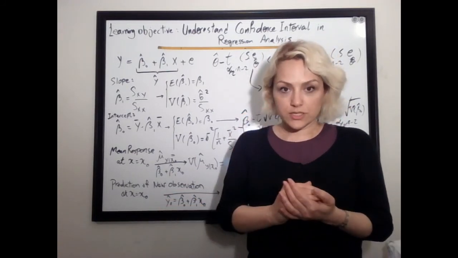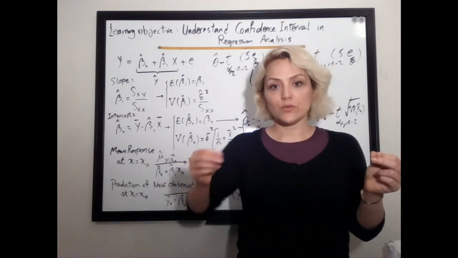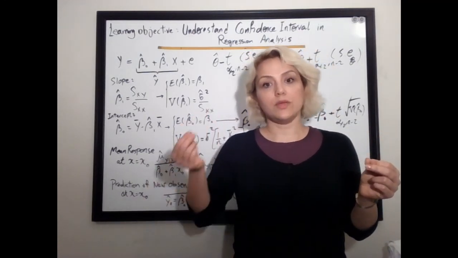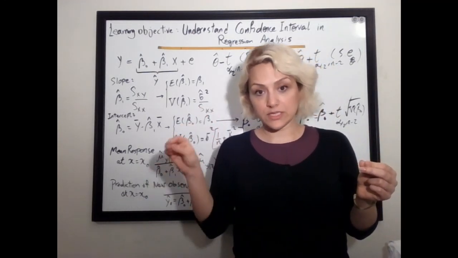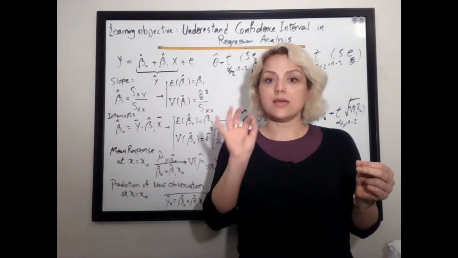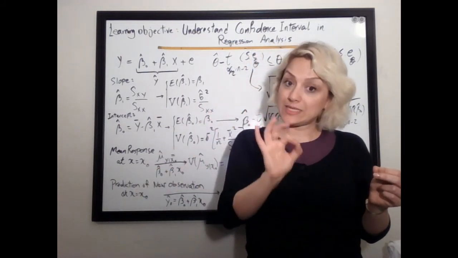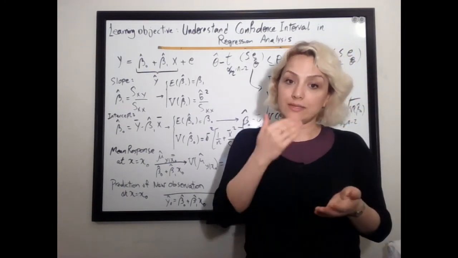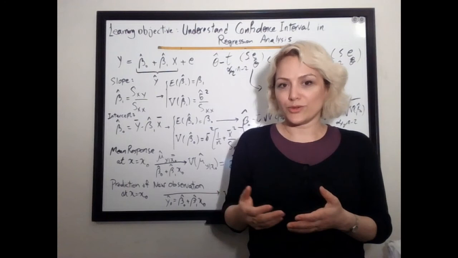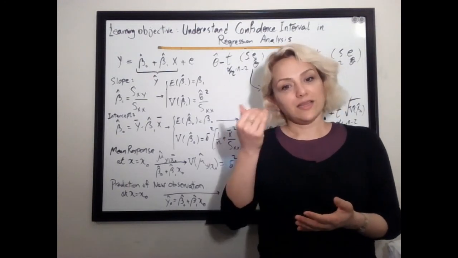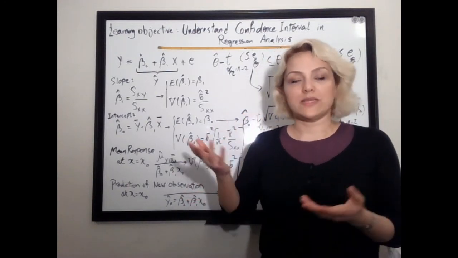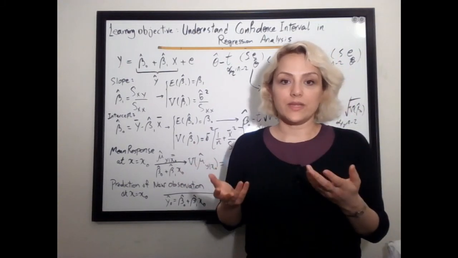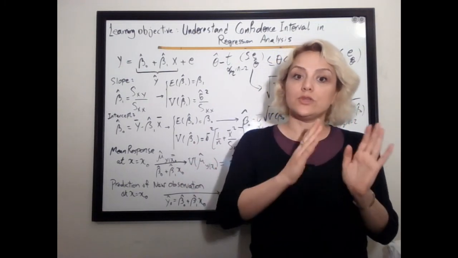Your parameter of interest is going to be between two numbers. The lower bound is going to be the estimate of the parameter of interest from the sample minus something from the T table or Z table times a standard error, and the upper bound is going to be that estimate plus something from the table, based on alpha, T table or Z table, times your standard error.